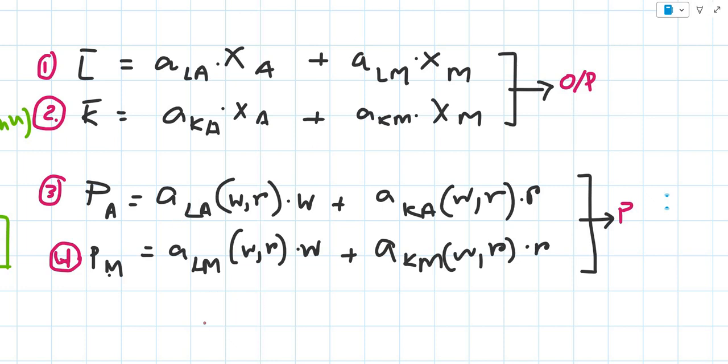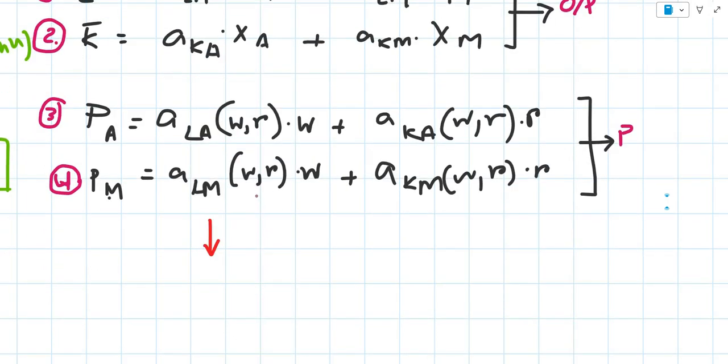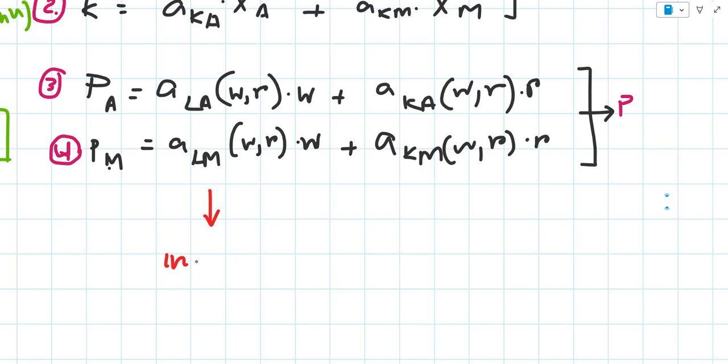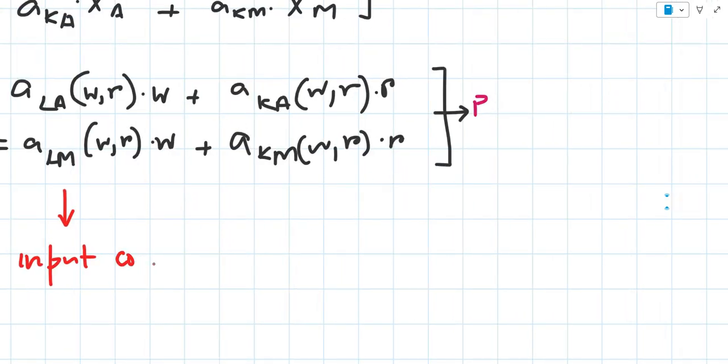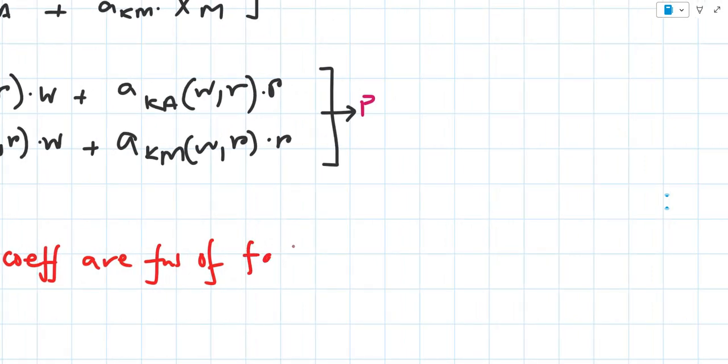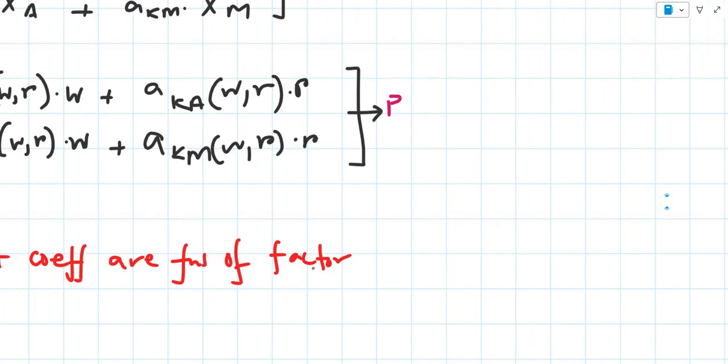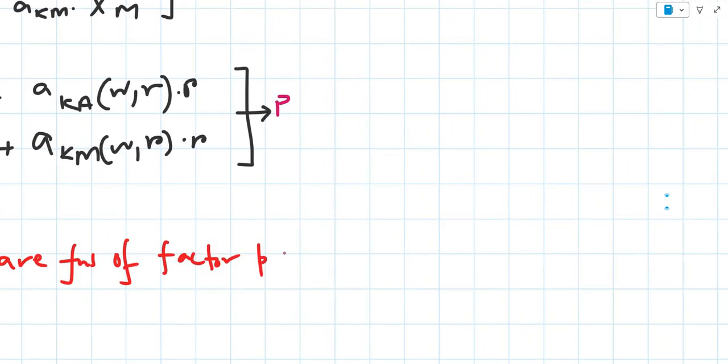So let me write that these functions, these ALA, KA, these are all input coefficients. Input coefficients are functions of factor income or factor prices. Input coefficients are functions of factor prices.